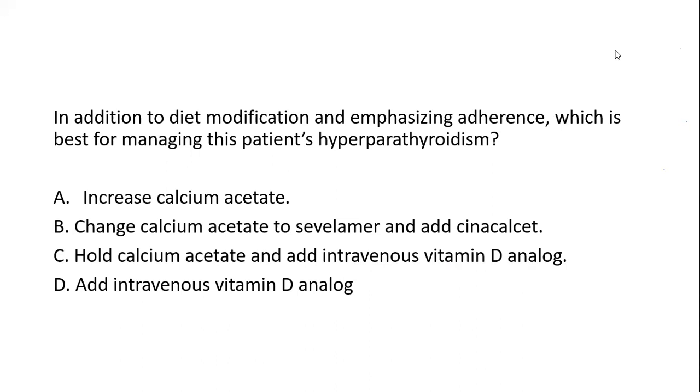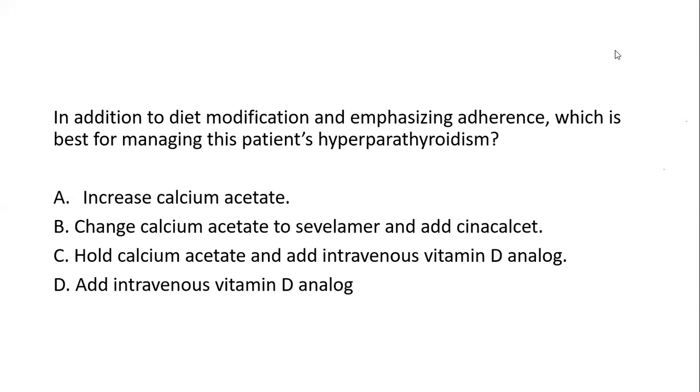So I'll just explain this. See, if we increase calcium acetate, it's going to worsen the hypercalcemia, so don't do that. Adding vitamin D is not going to do anything. It's going to worsen hypercalcemia, and it's not going to help with the hyperphosphatemia that this patient has. Holding calcium acetate and adding a vitamin D analog is going to have the same problem.